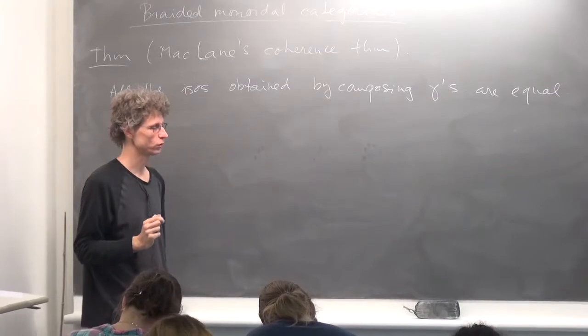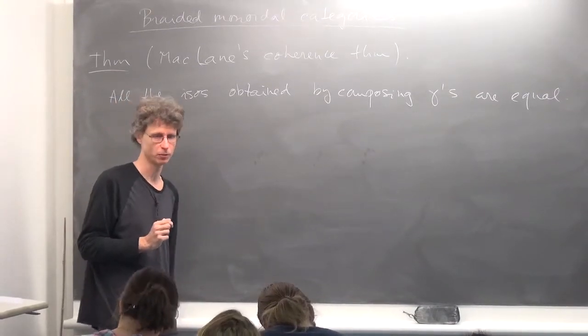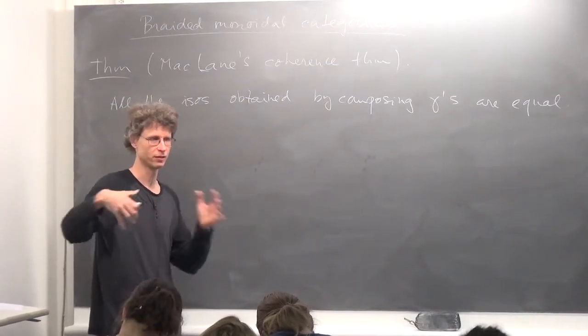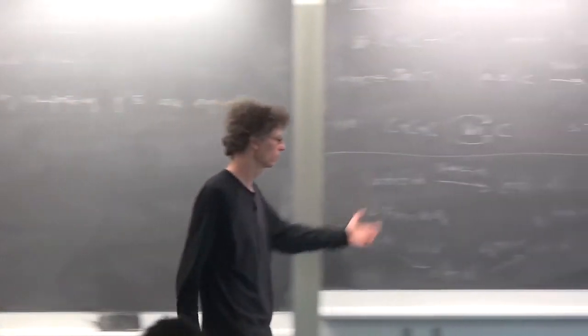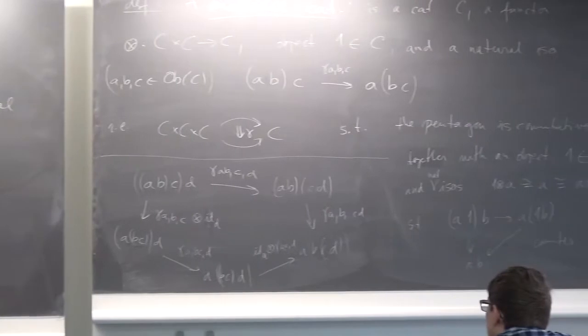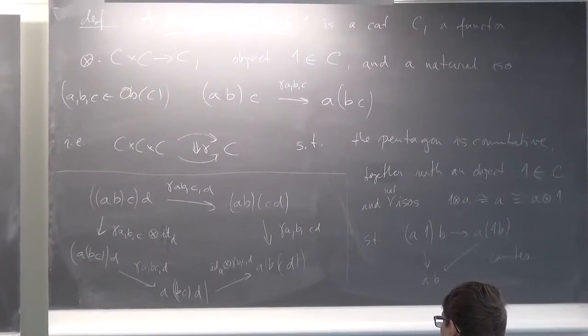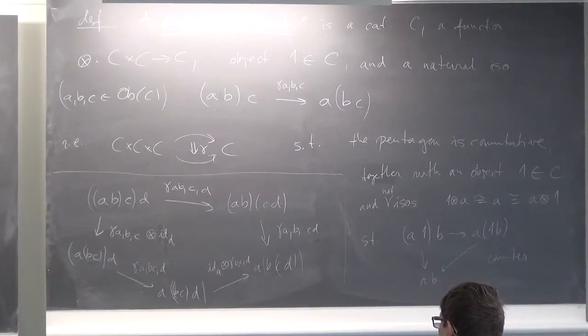That's the theorem. So not just for 4 objects, but for an arbitrary number of objects. When you start to reparenthesize things using those gammas, you will always obtain a commutative diagram, provided those pentagons are commutative.